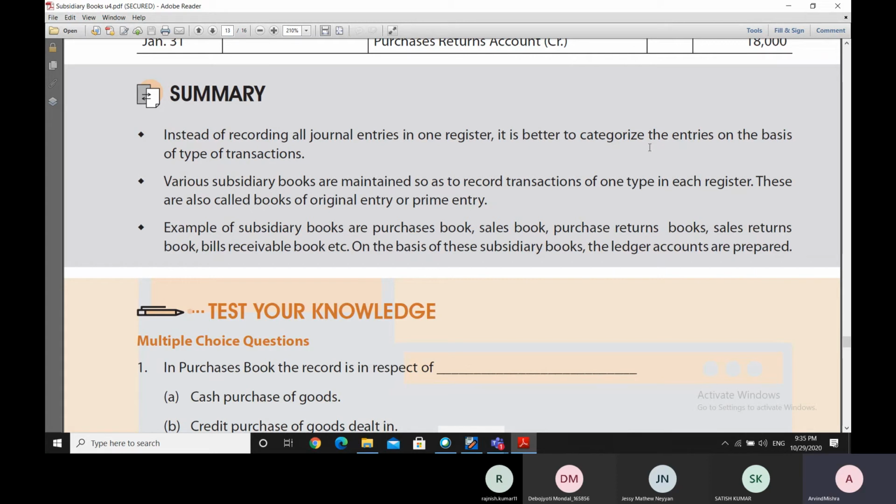So sometimes we make certain entries like a credit purchase or credit sale entry in the purchase book or the sale book, and when the purchase return or sales return is there, we enter it separately too. That helps us in categorizing purchases, sales, purchase returns or sales returns separately. And by categorization, we are helped to understand how much of our goods are of a certain quality which are not acceptable in the market.